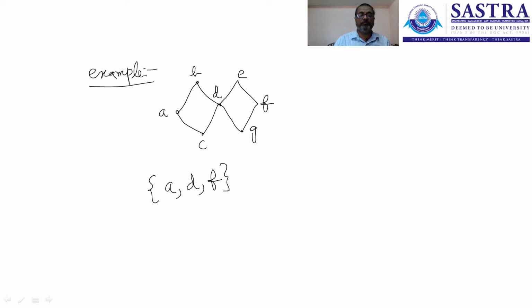I have vertices A, B, C, D, and next E, F, and G. Now I take A, D, F. A and D, I don't have an edge between A and D. Similarly, I don't have an edge between A and F. And D and F are also independent.